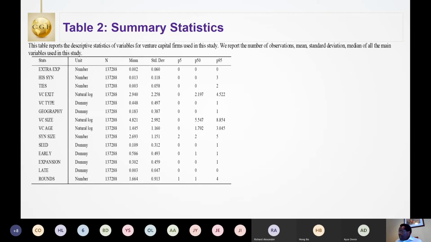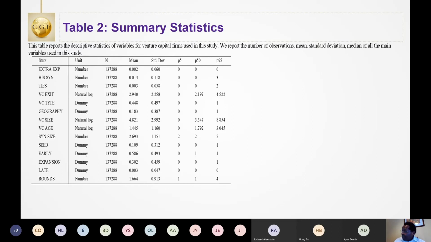Okay. And when we put together the data, that's precisely what we find. As you can see on table 2, where I have my cursor here, the mean extra investment experience is 0.002, which indicates that the partner VC has relatively higher experience than the lead VC.